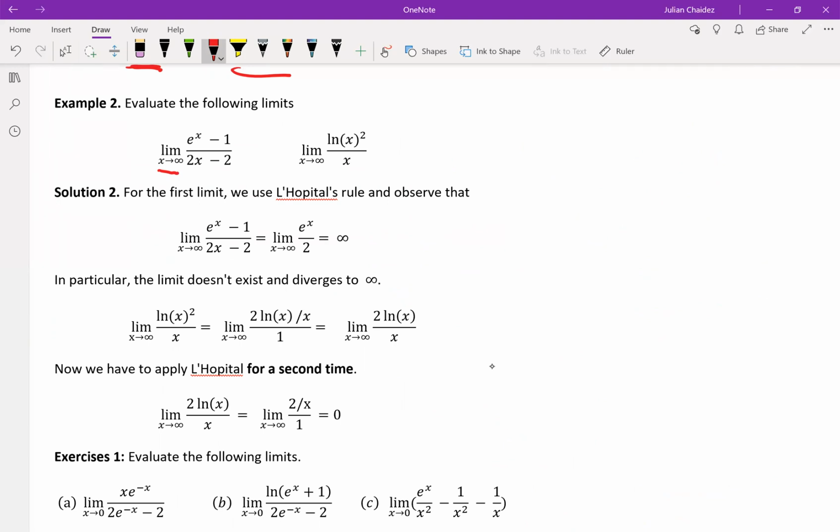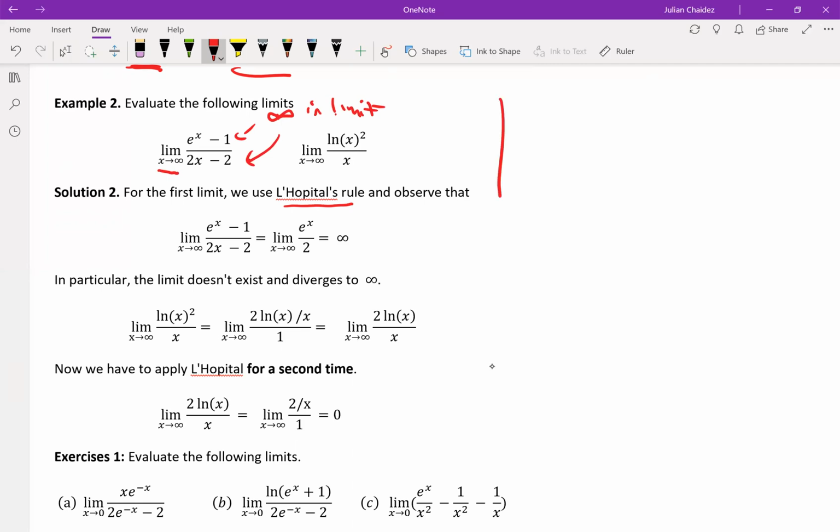So, by L'Hopital's rule, I know that e to the x minus 1 and 2x minus 2 both go to infinity as x goes to infinity. The limit of the top is infinity, and the bottom is also infinity in the limit.